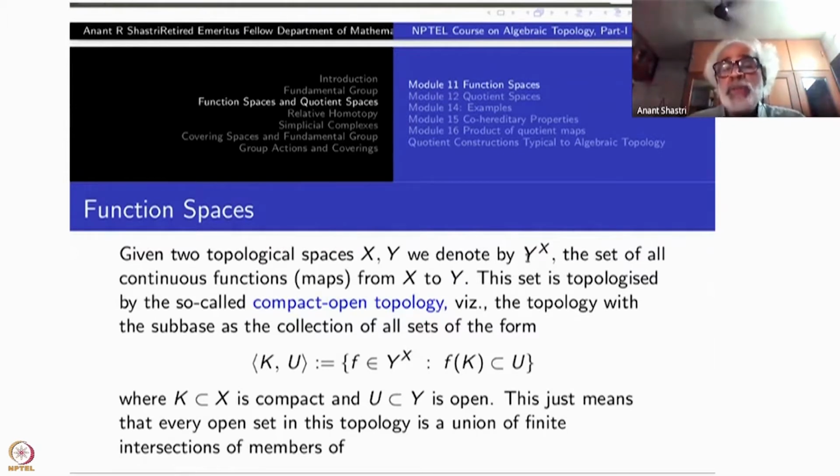So there should not be any confusion. Y power X will denote all continuous functions from X to Y for us.